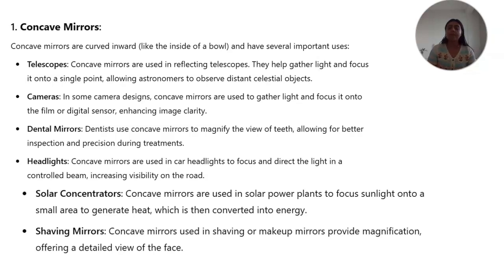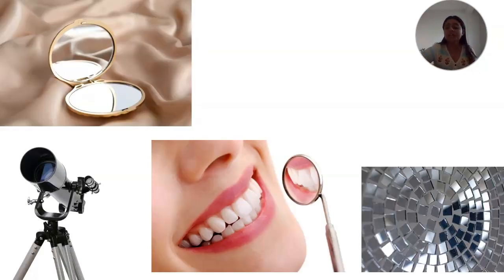But do you know why we use concave mirrors? So that we can see objects clearly, see big objects more clearly in a small mirror, or concentrate the focus of the object to have a defined image.